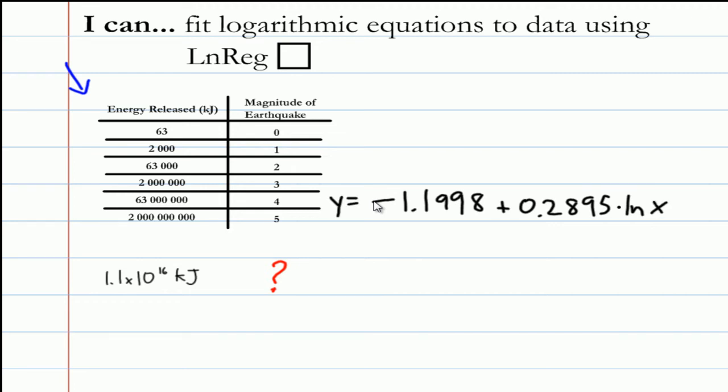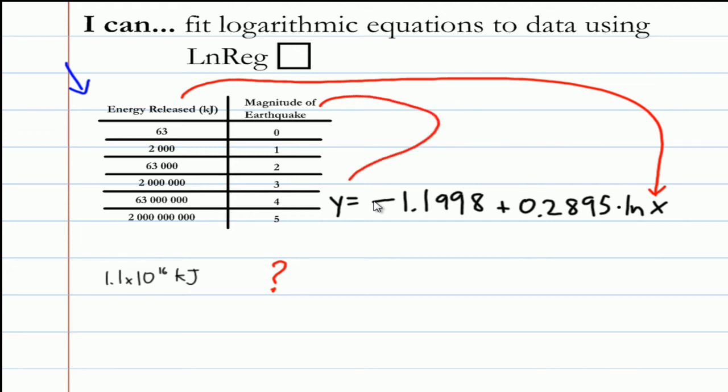As I mentioned earlier, it takes these numbers as x if you put them into the L1 column, and it takes these numbers as y if you put them into the L2 column. So if we want to find the magnitude when the energy is 1.1 times 10 to the 16, we'd put 1.1 times 10 to the 16 inside the ln.